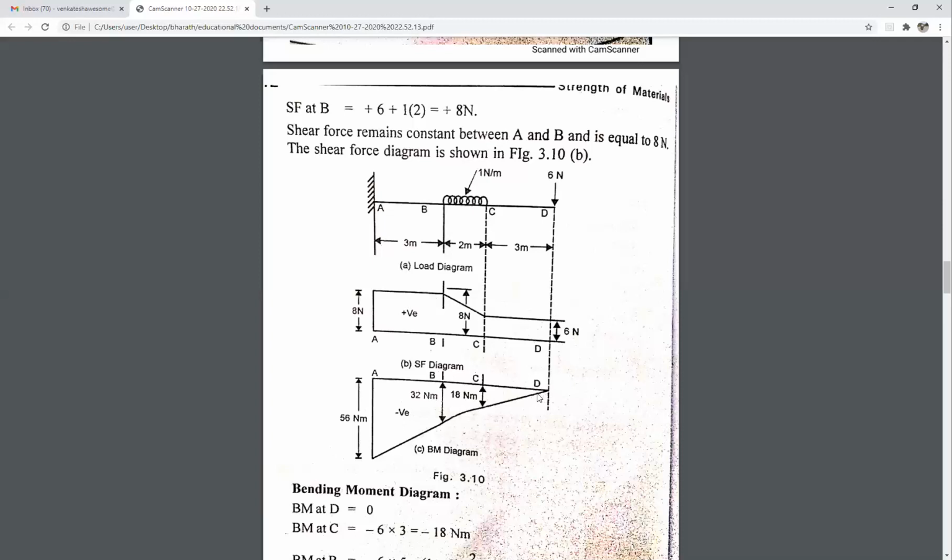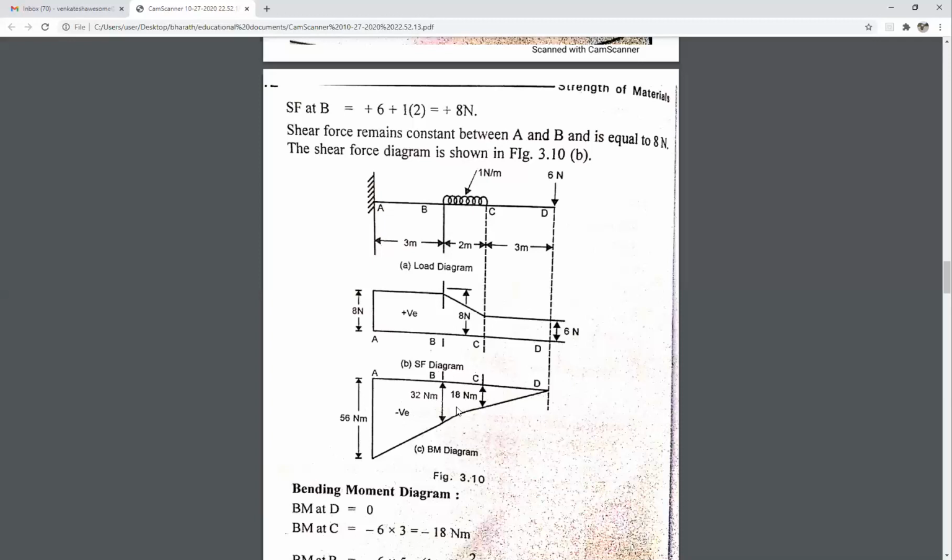From C to D, we have one moment, a clockwise moment, which obviously could be negative, based on the assumptions we consider. All clockwise moments are taken as positive, that's the reason. From D to C we have a point load, so the bending moment is a straight inclined line.